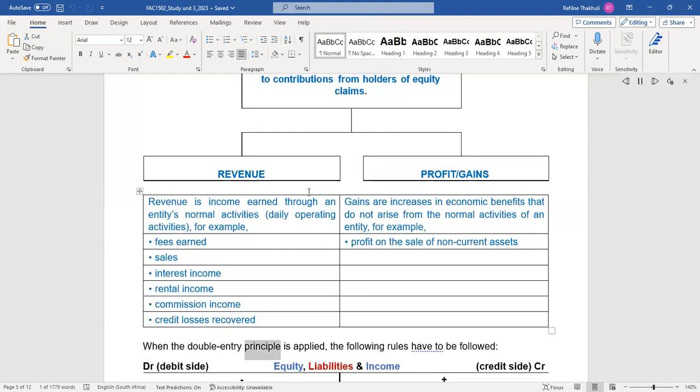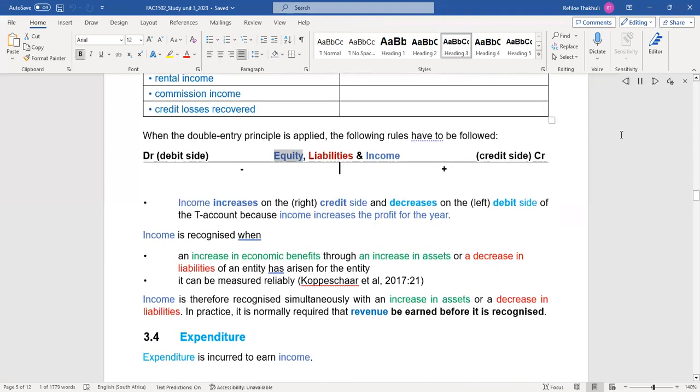When the double entry principle is applied, the following rules have to be followed. DR, debit side: equity, liabilities and income increase on the right, credit side, and decrease on the left, debit side of the T account, because income increases the profit for the year.